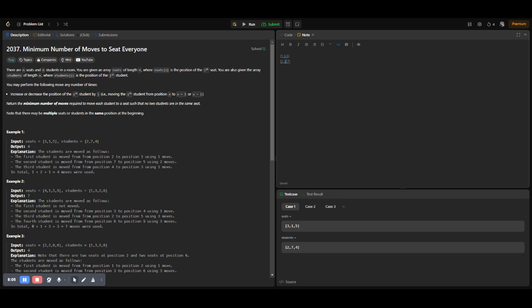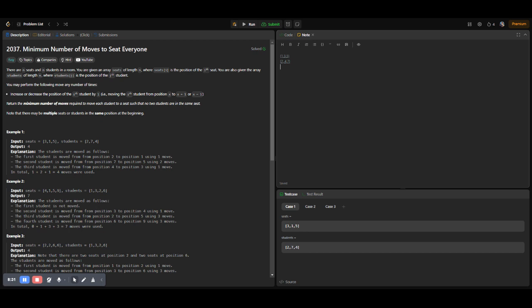And the third student sits at position 7. We can move him to position 5 to sit at the correct chair. Now, how many moves do we perform? To seat the first student, we perform one move. For the second student, one move. For the third student, two moves.